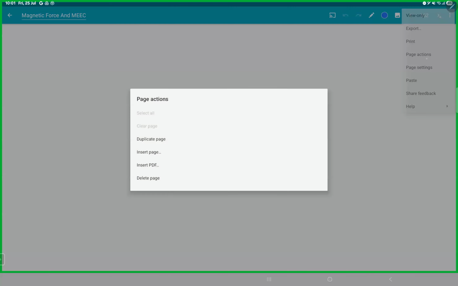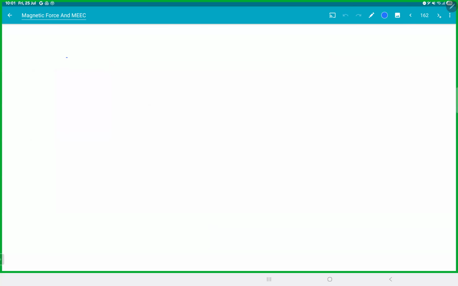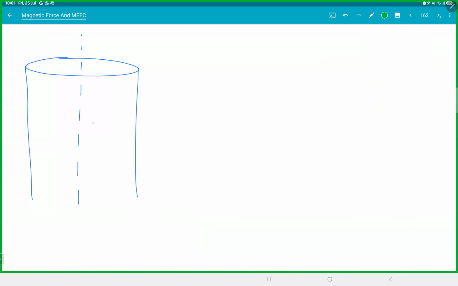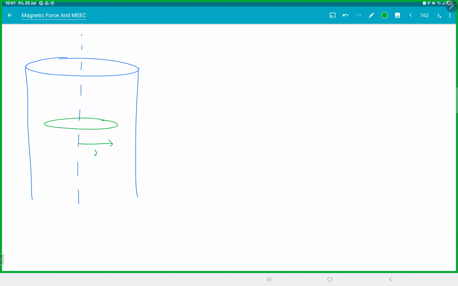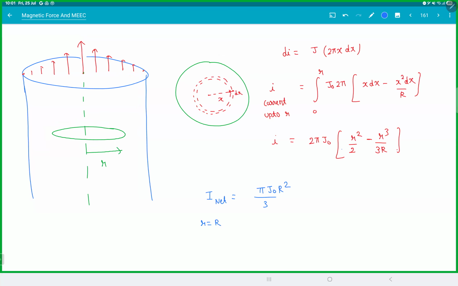Now let's use Ampere's law. So for r less than R, LHS will become B into 2 pi r. This will become mu naught I, where I is nothing but this guy.